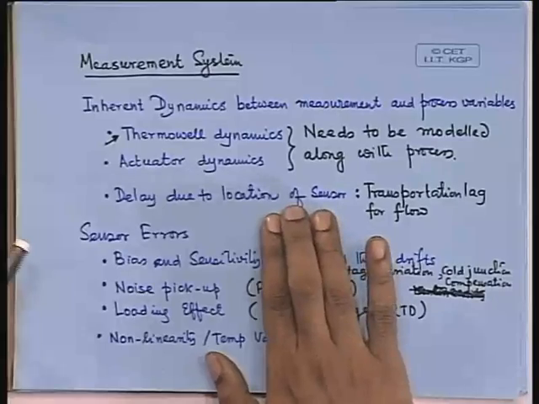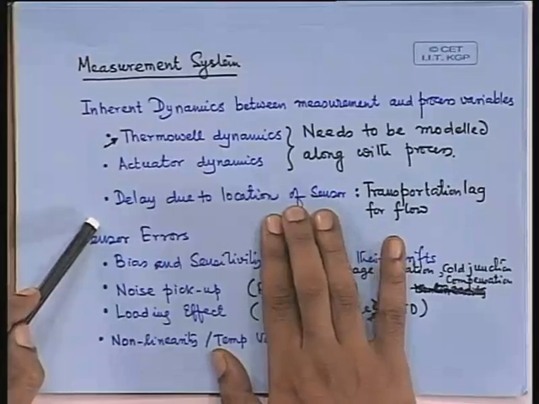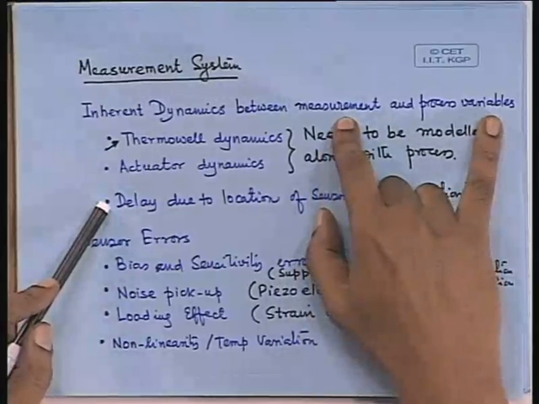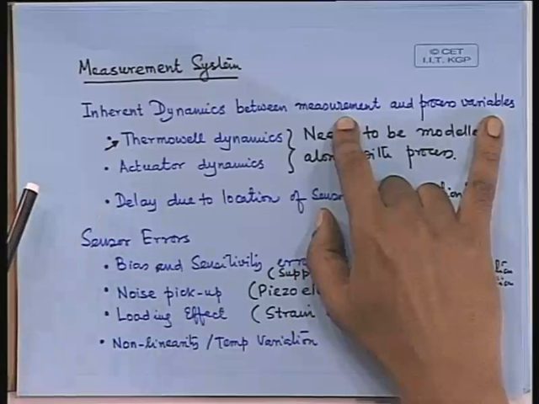The delay itself depends on the flow rate and the physical distance. If you are using a low flow rate, then you are going to encounter a long delay. If you are sending fluid very fast, you are going to have a small delay, right? So such things will come in due to the measurements, inherent dynamics between the measurement and the process variable, both on the input side and on the output side.